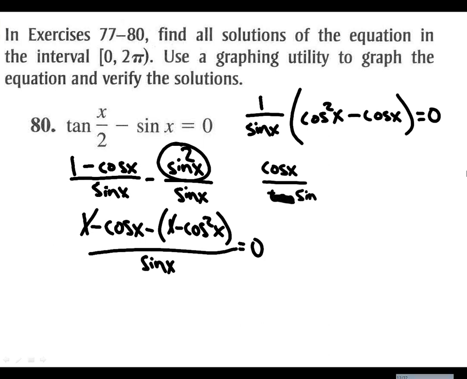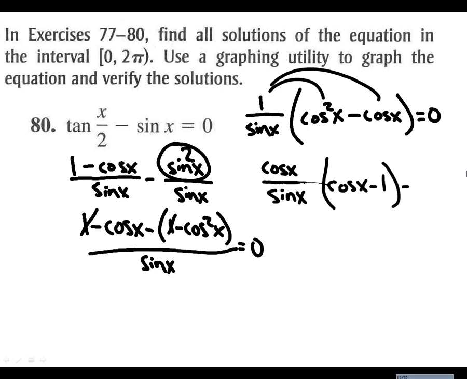Pull the cosine x out, 1 from here, 1 from here, sine x in the denominator, parentheses, we're going to be left with a cosine x minus 1 equals 0. So our first term there is cotangent. We've got cotangent of x equals 0, and we've got cosine of x equals 1.